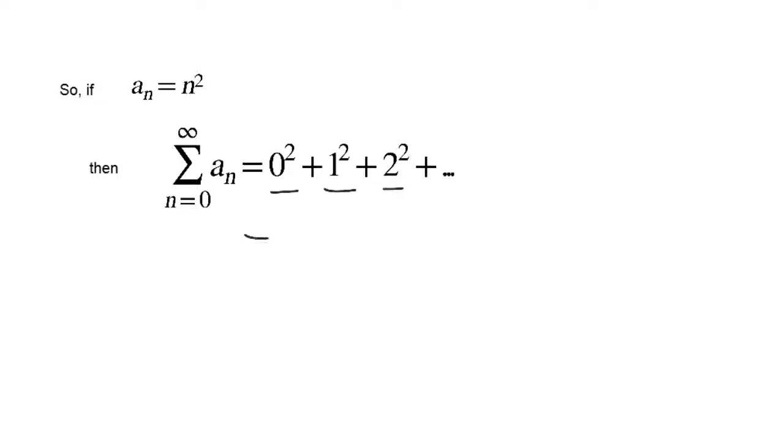So to simplify this, we would say 0 squared is 0, 1 squared is 1, 2 squared is 4, 3 squared is 9, 4 squared is 16, and so on. Now, it's pretty easy to see that this sequence goes to infinity. So this is what we call a divergent sequence.